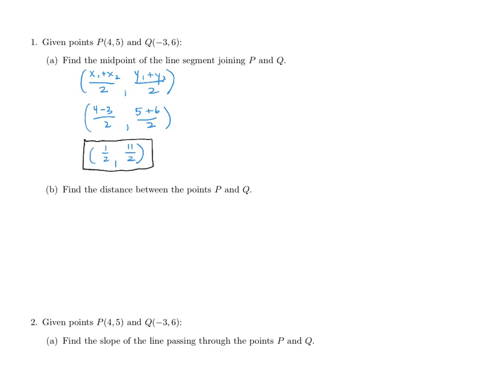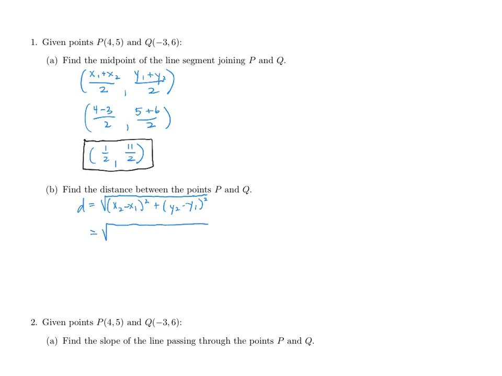Okay. For part B, we're going to find the distance between the 2 points. So the distance formula, you want to subtract the 2 x values and square the difference, and then add that to the difference of the 2 y values and square that.